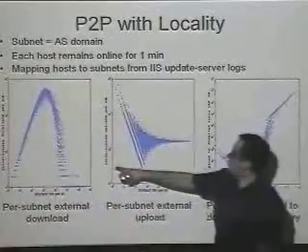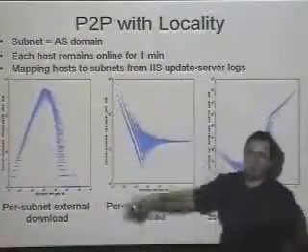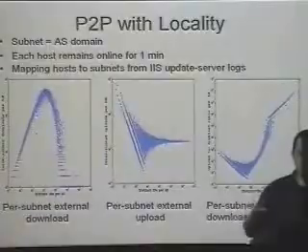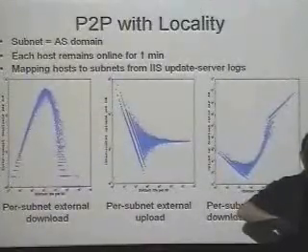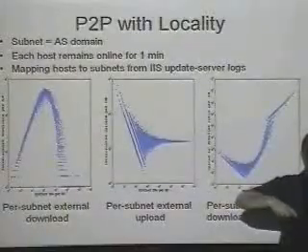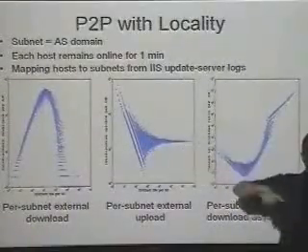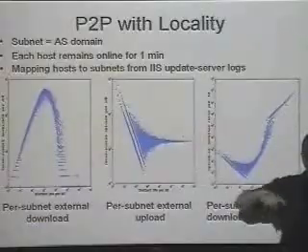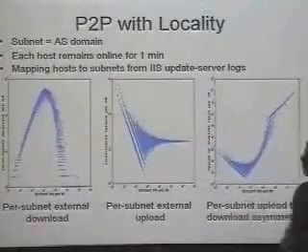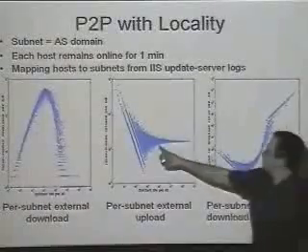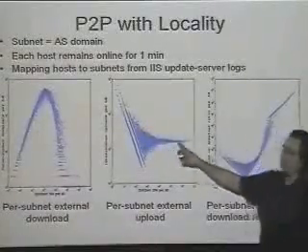Then if you look at the fraction of uploads, say you live in a local subnet and you count the fraction of uploads from your local subnet to a remote subnet, how many of those go out compared to the total number, because you also count those that go inside. The fraction observes such a regularity.